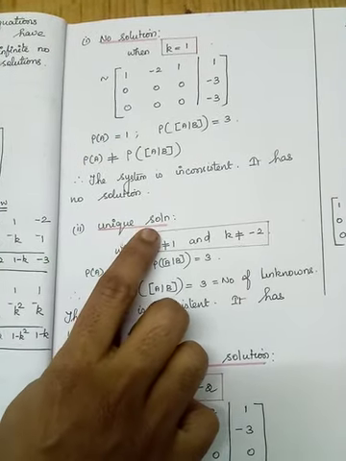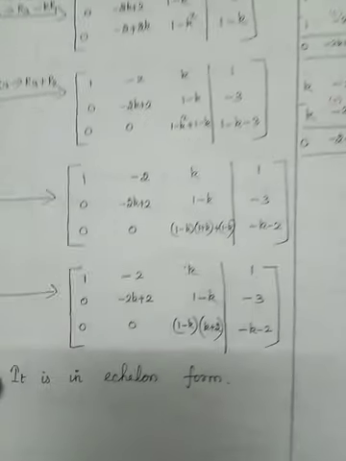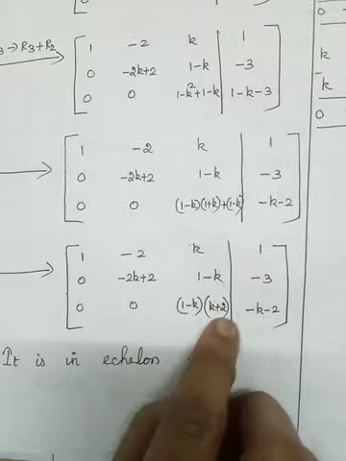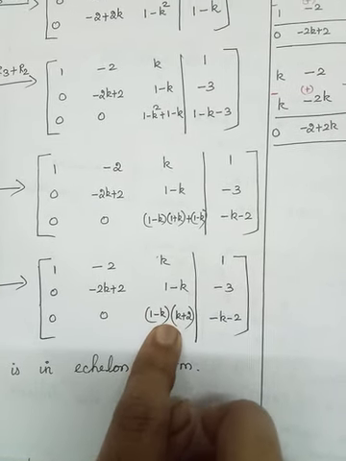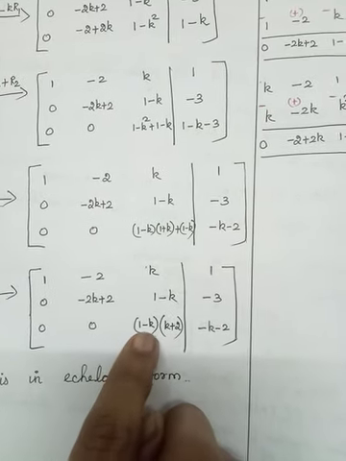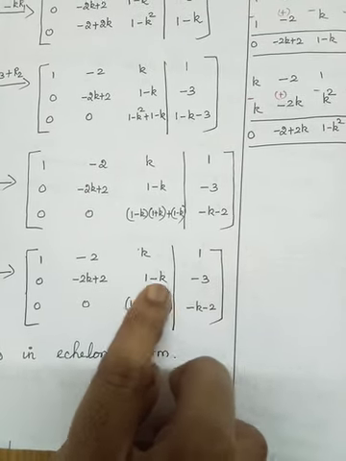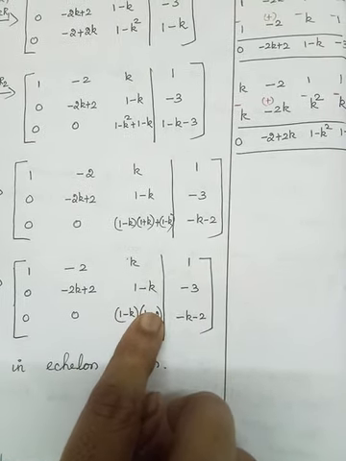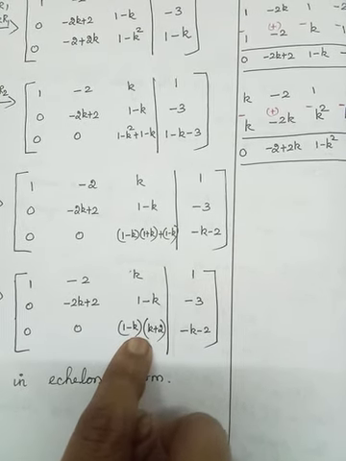Next you see, you have to get a unique solution. You just come to the echelon form. Here this element should not be equal to 0. So if we have some number, definitely rank of A is equal to 3. You see that when k is equal to 1 and k is equal to minus 2, this place will become 0. Now what we need is that this place should not be 0.